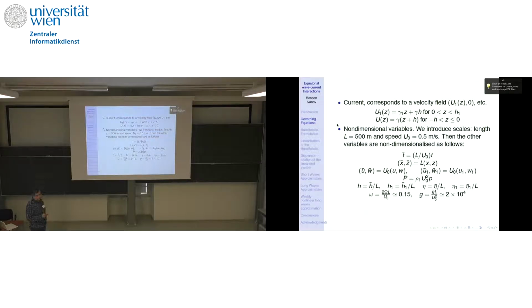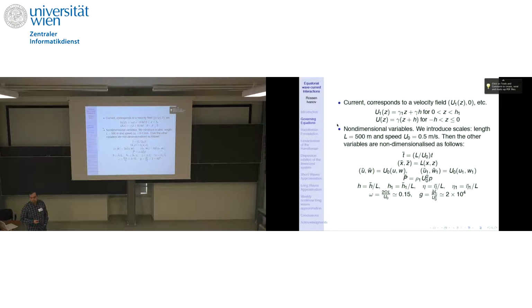But your L, you're just picking it? Yeah, we fix a scale. That's, for example, the phenomena that we consider. We can take something else, but this is 500 meters. What's the importance of 500 meters? This is a scale that's relevant for the phenomena that we are considering.